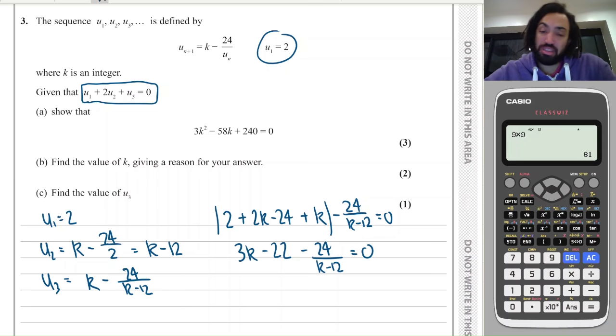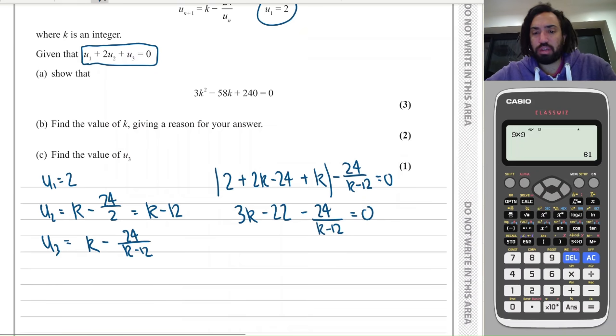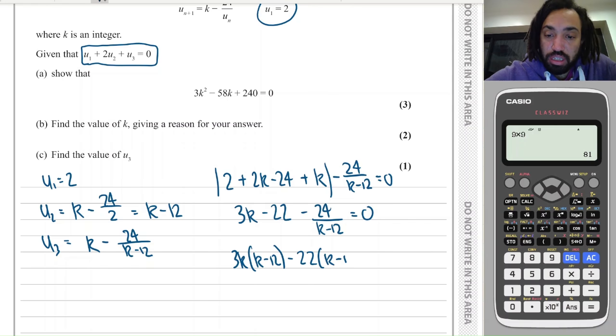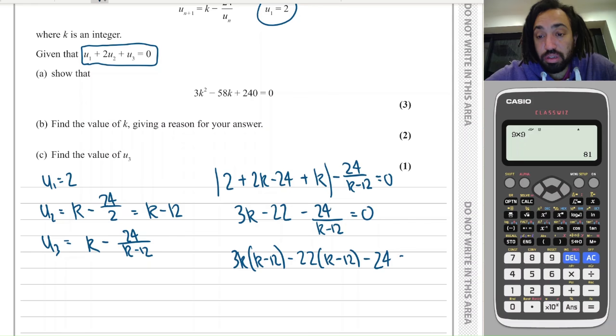Okay, so what I'm going to do now is I'm going to multiply every term by this k minus 12. So I'm going to get 3k, k minus 12. I'm going to get 22, k minus 12, and that multiplying by k minus 12 is going to cancel that denominator, and it's also going to multiply by 0 on the right hand side and leave us with 0.